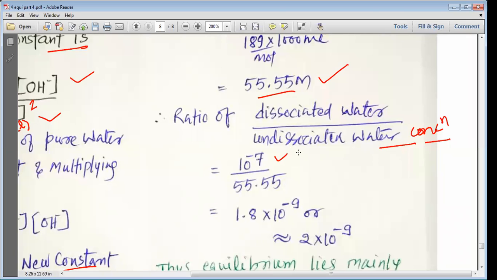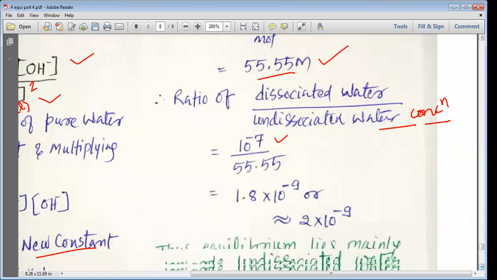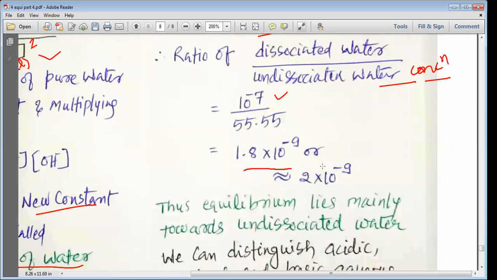So the undissociated water is 55.55 mole per liter, and by solving this we can find that the answer is 1.8 into 10 to the power minus 9, or approximately 2 multiplied by 10 to the power minus 9. So this is how we can find the ratio of dissociated water divided by the undissociated water.